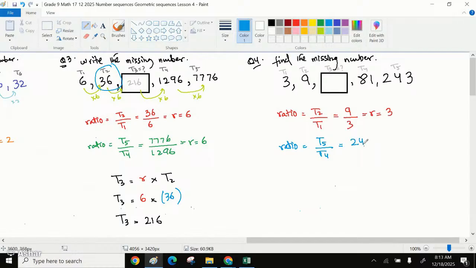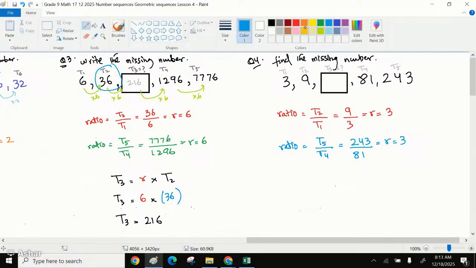When we do 243 divided by 81, the ratio should come out to be 3. The ratio has to be the same. We are doing it twice so that we can verify it's a sequence. But if it's in the exam, it's always better to verify, but you can do it with one ratio also. If you find the ratio once, you can still continue with the question.